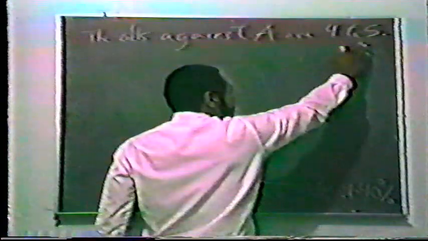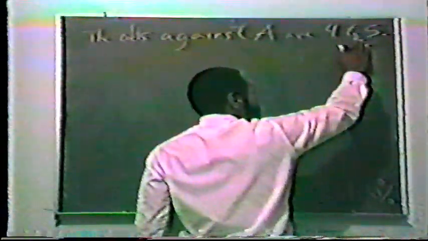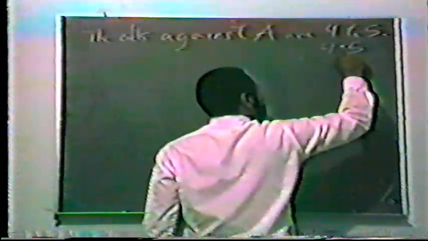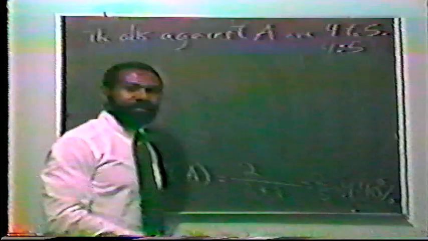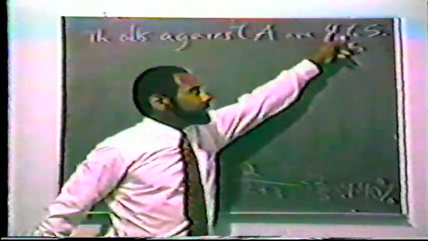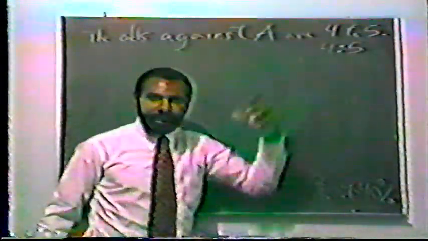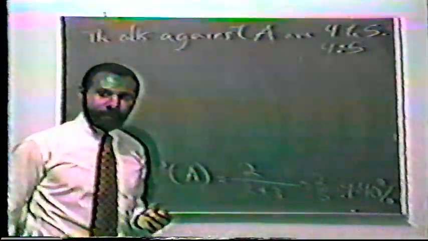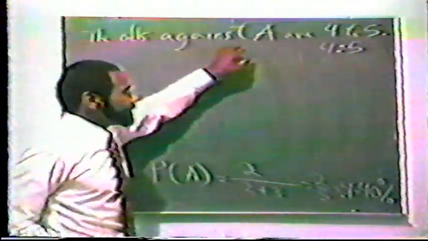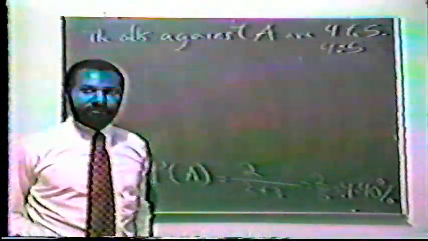Now it might be written this way, 4 to 5, or it might be written as 4 colon 5. Some of the problems in your textbook are written this way, and some are written the other way, so you have to know both ways.